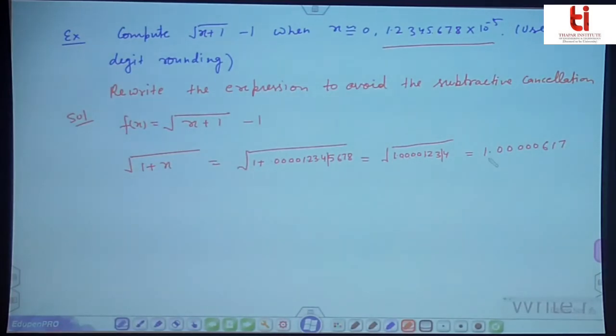How many digits we have to take into consideration? 1, 2, 3, 4, 5, 6, 7, 8. So the value is coming out to be 1.0000062 after rounding. Okay, so under root 1 plus x minus 1 is coming out to be 0.0000062.